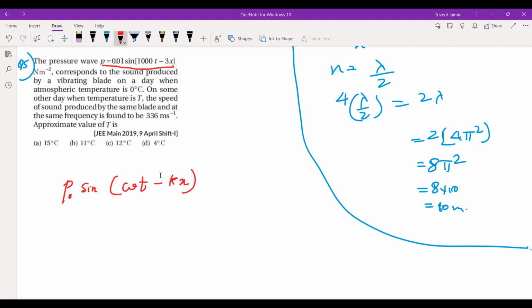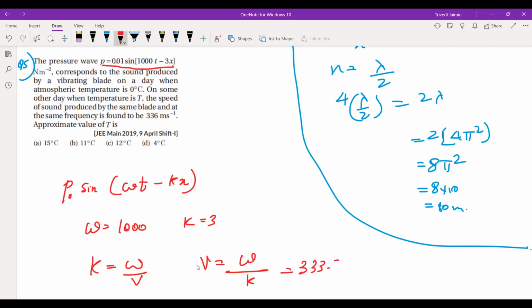K is 3. That we know. Omega is 1000. K is 3 by the equation. Fine. First step we got. Let's go nearer. Then v equals to omega by k. So v equals omega by k, which is 1000 by 3 is 333.33.